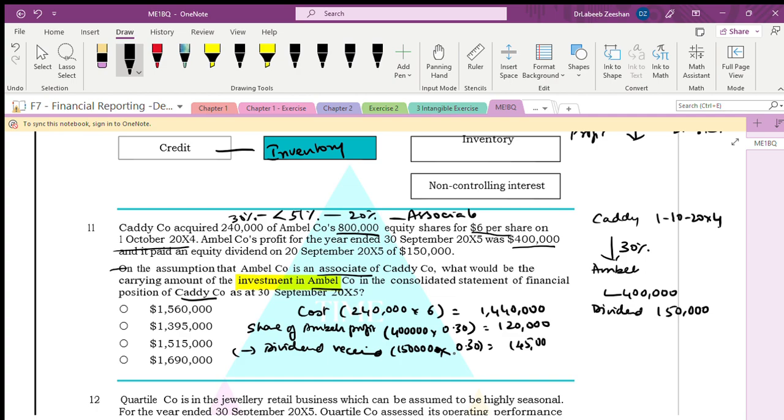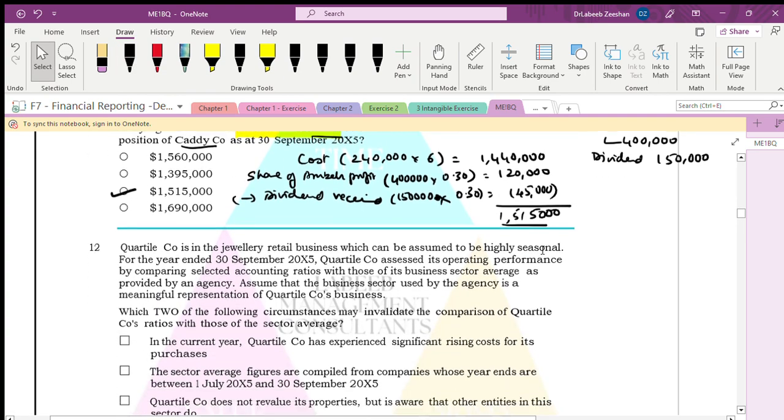Fine. What is the cost of the investment? 240 into 6, and what is the share of profit, and how much dividend they have received. The moment you receive dividend, definitely the profits will decrease.